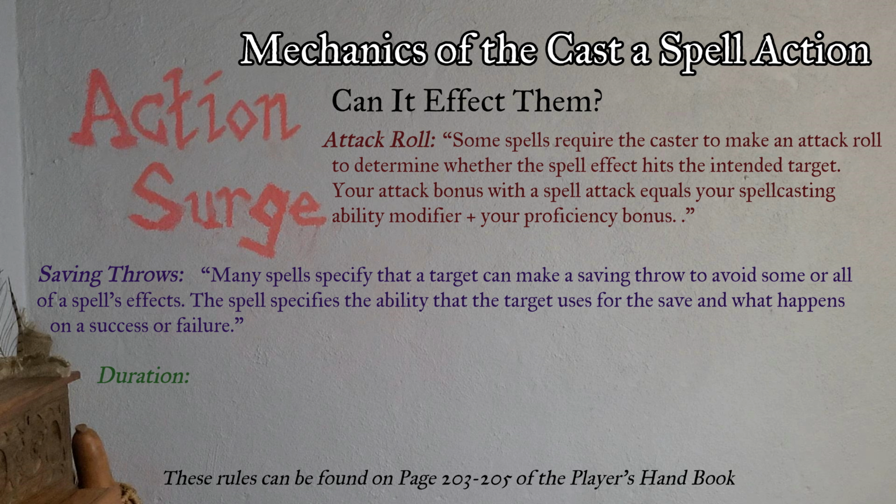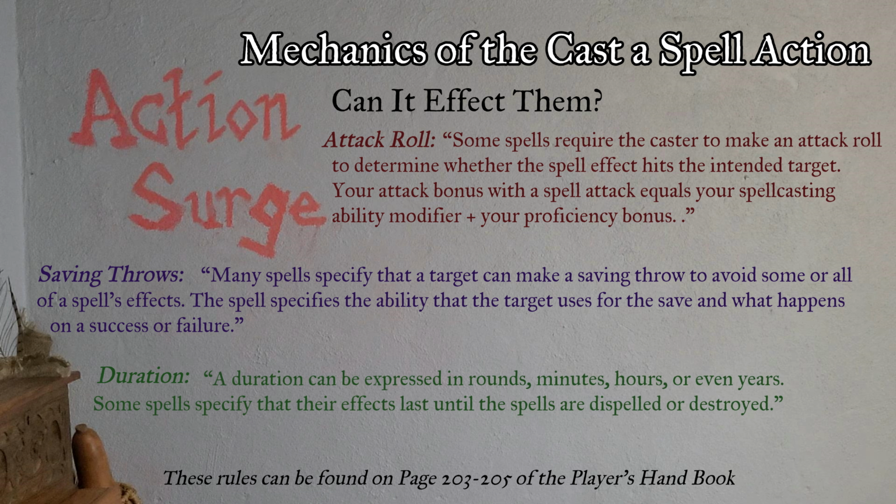A spell's duration describes how long this magic lasts. This is important to determine if there is a way of ending the effect early. A duration can be expressed in rounds, minutes, hours, or even years. Some spells specify that their effects last until the spells are dispelled or destroyed.